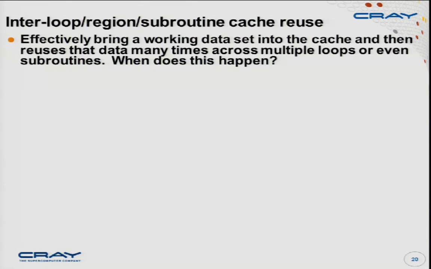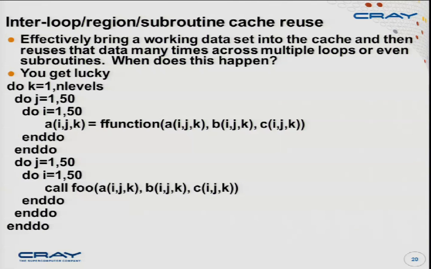This is effectively bringing a working data set into the cache and then crunching on it many times, reusing it many times across multiple loops or subroutines or function calls. When does this happen? Well, the common way is a lot of times people actually just get lucky. They didn't really set out to do it this way, but they found it natural to write it this way.